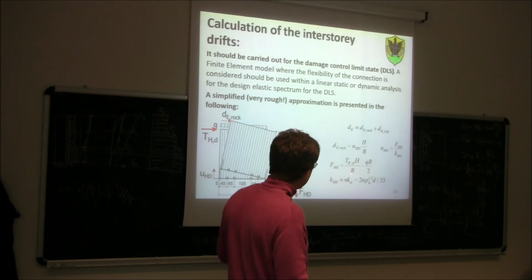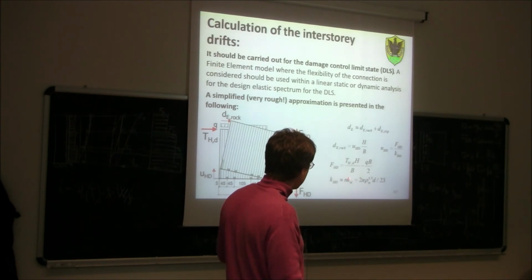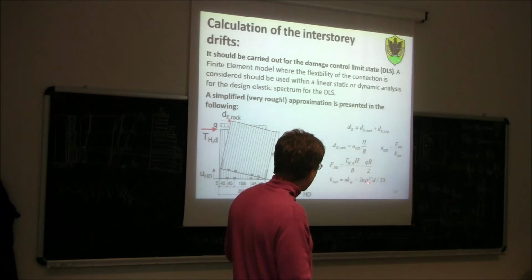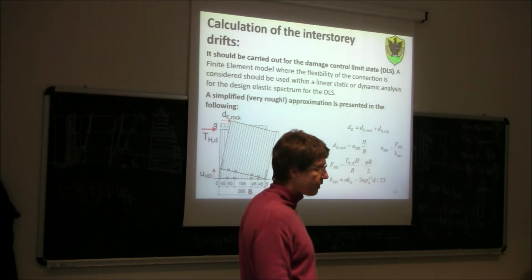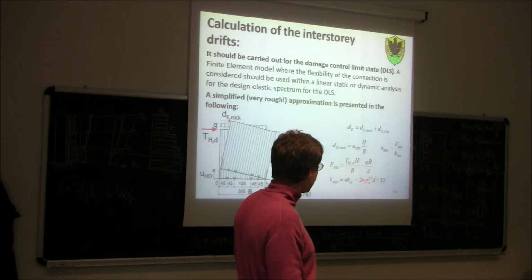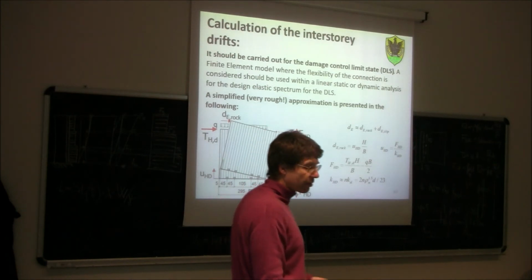The slip modulus of a single nail is rho m, the mean density of the timber, to the power 1.5 times d divided by 23, times 2, because this is a steel-to-timber connection.